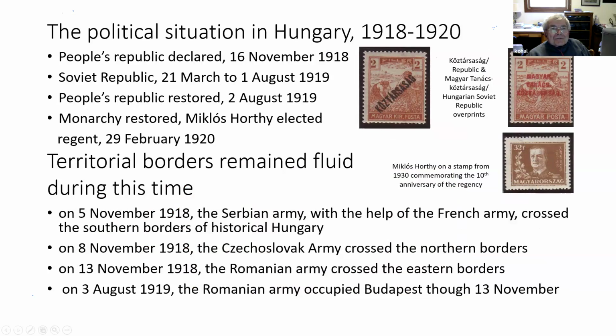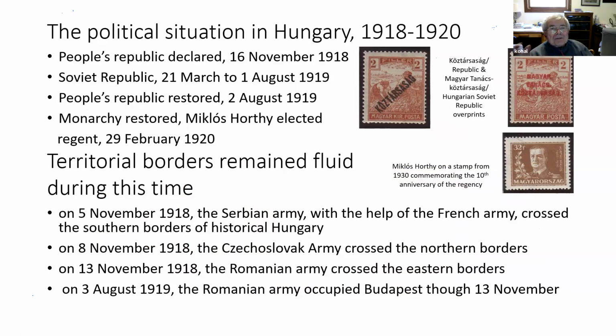So the political situation in 1918 and 1920 was kind of interesting. The government declared a People's Republic. That was the official title of it. It wasn't a republic, it was a People's Republic on the 16th of November of 1918.